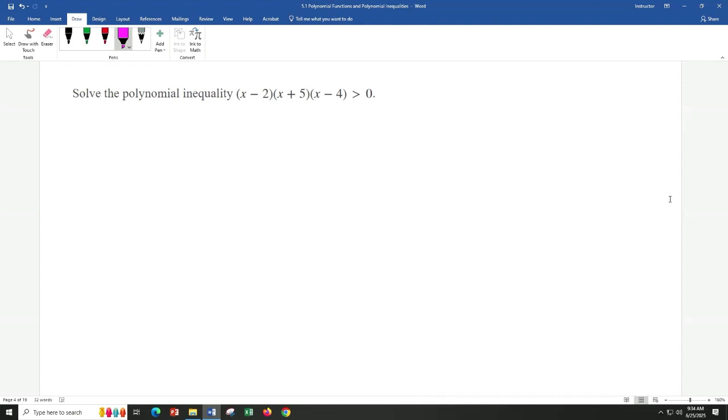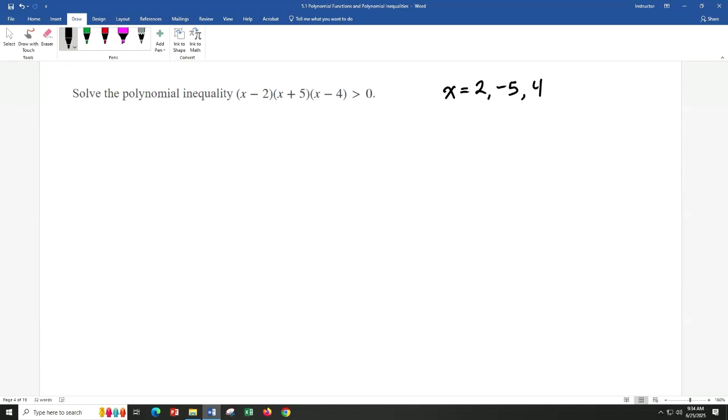Find your zeros first. Step 1, find your zeros. All my zeros here. If it permits me to kind of skip the math, you should be able to be pretty good at this math by now. My zeros are going to be where x is equal to 2, -5, and 4. Are we good with that? Okay.